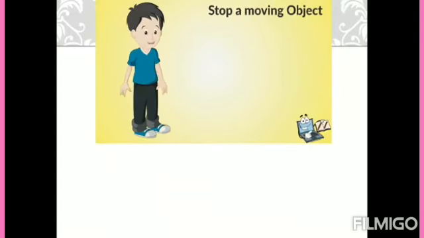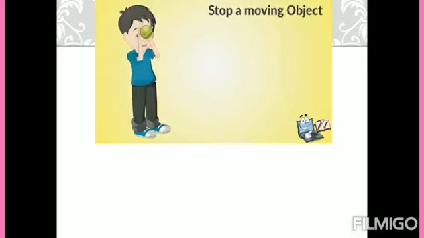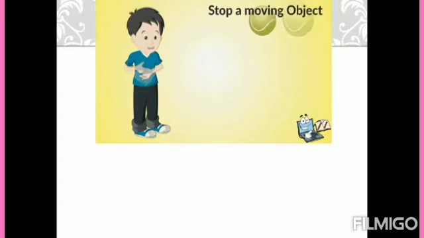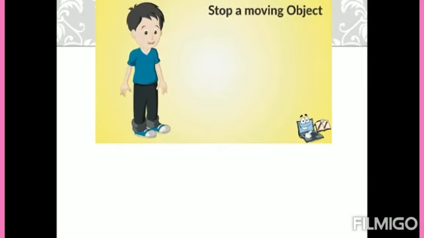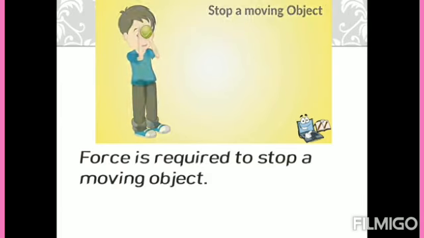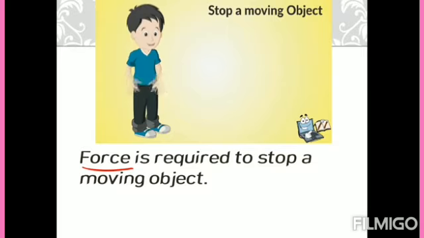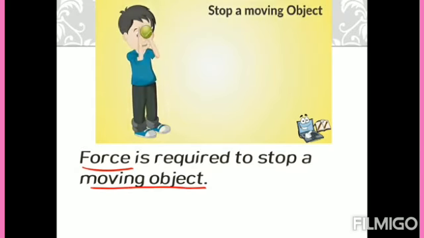What can you see in this picture? The ball which was moving comes to rest due to the force applied by the boy in order to catch it. So we can say that force is required to stop a moving object. Here, force is applied by the boy on the moving object, that is the ball, in order to stop it.